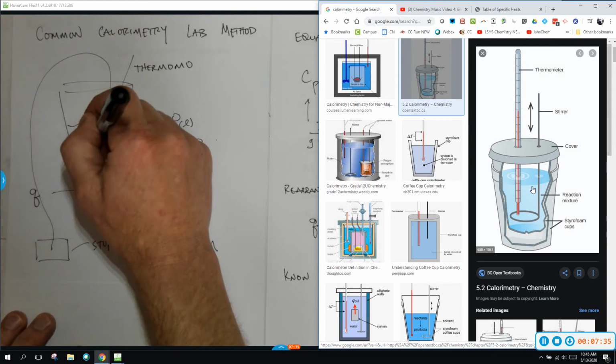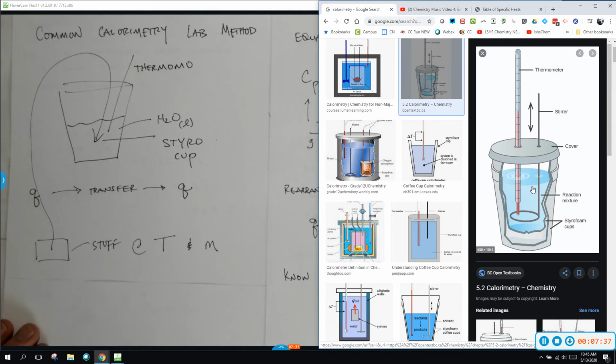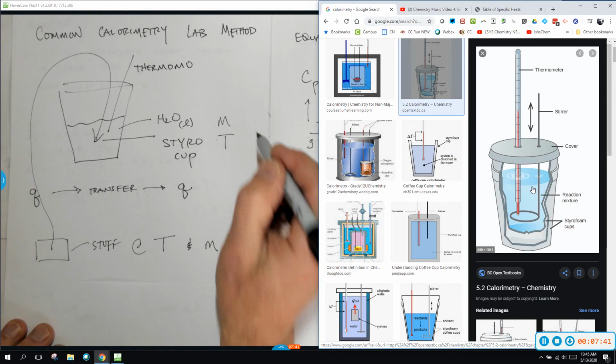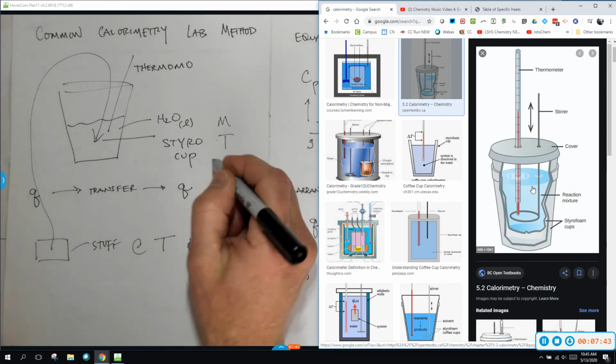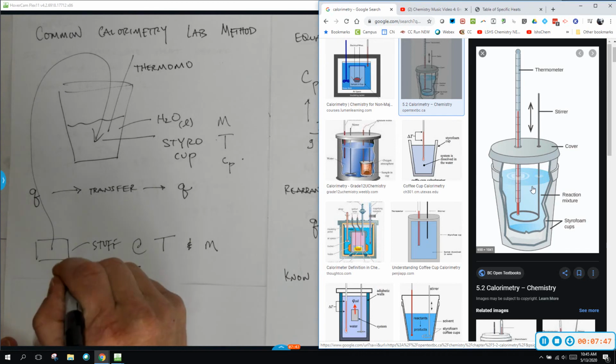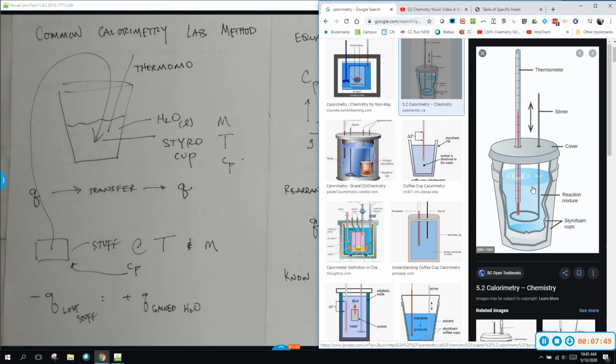Then if we take that substance and dump it into our styrofoam cup with a known mass of water at a known temperature, now, since we know the specific heat capacity of water, we could find the specific heat capacity of the unknown substance, because the heat lost by the stuff is equal to the heat gained by the water, as long as we can have it insulated good enough to not lose a lot of that heat to the surroundings.